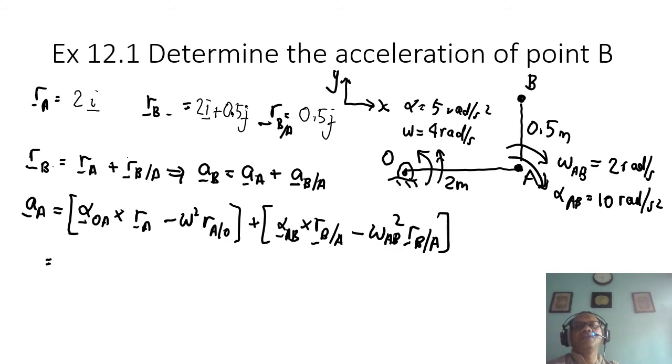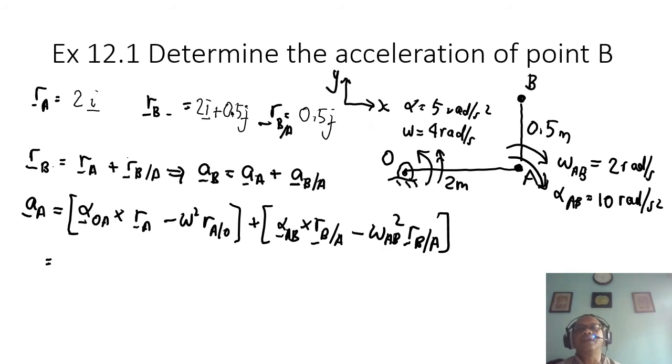The other thing that we need to do is to find the vector for each of the angular velocity and angular acceleration. Because we are using an xyz axis system, our positive x, y, z is to be out of the plane of the screen.